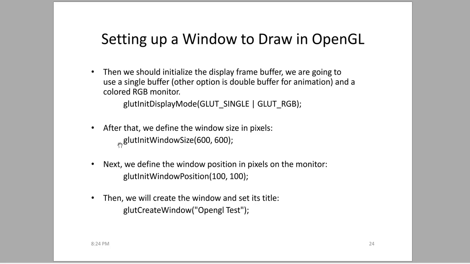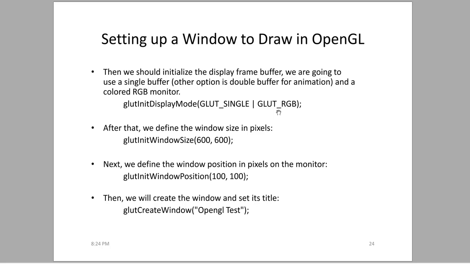So here what we do is we use a single buffer, and we have the option of double buffer. We will see that later in the course. So we use a single buffer and the RGB mode. At this point in the beginning, just remember what it means to say glutInitDisplayMode.